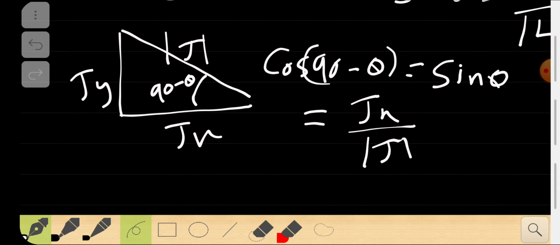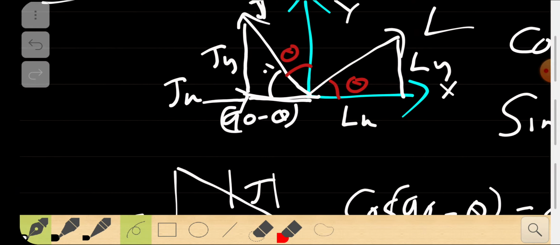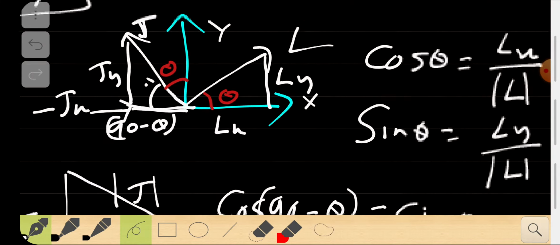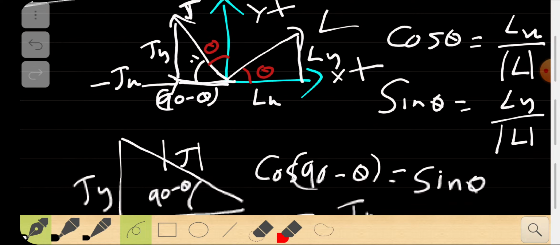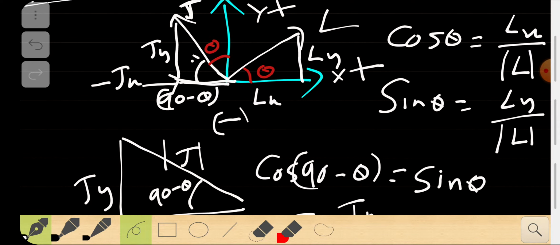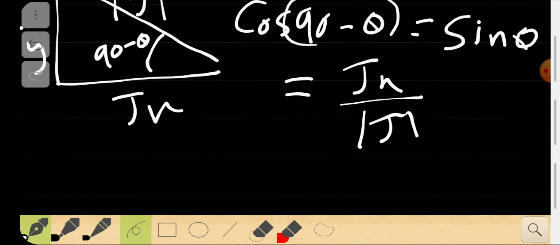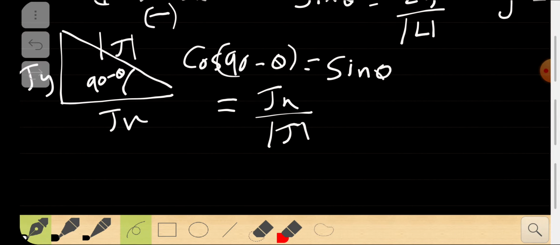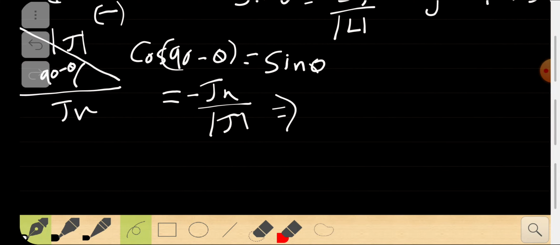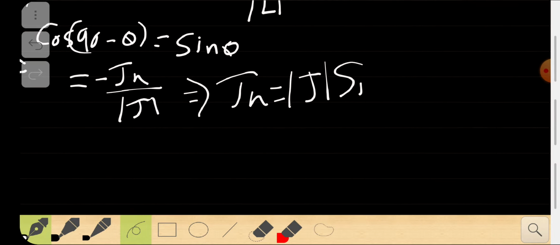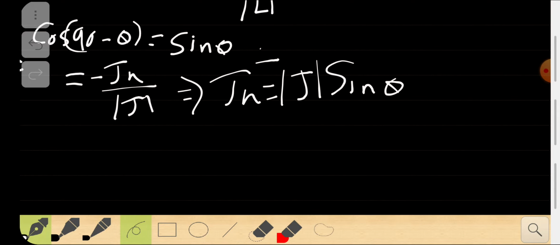But jx here is negative, because it's going in the other direction. If we take right and up as positive, then anything going left or down is negative, so jx will be negative. So you write jx is equal to j sin theta with a minus sign.